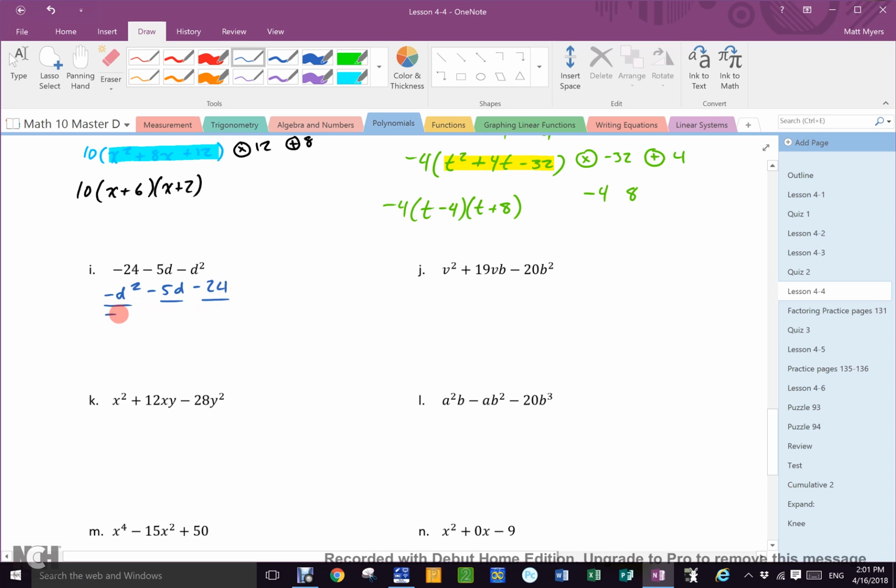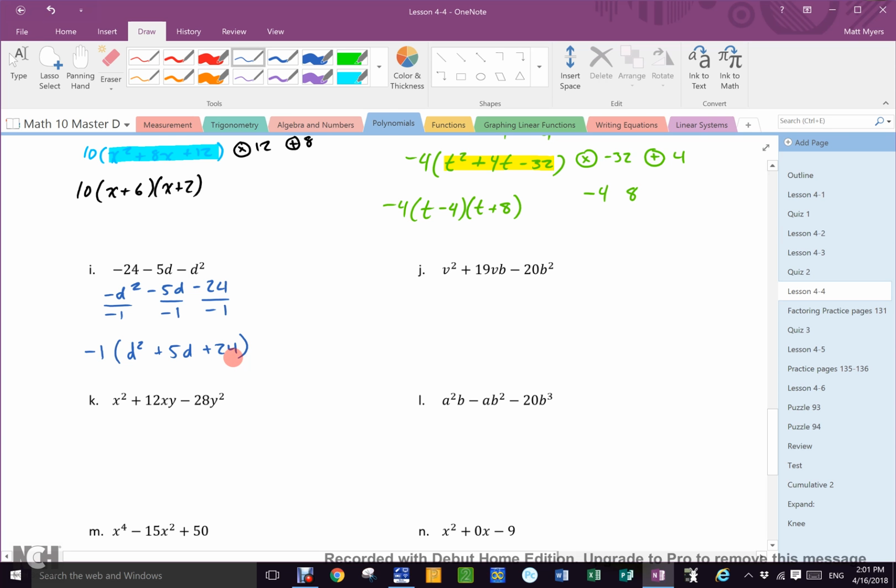I divide everything by negative 1. Correct? So I got negative 1 out front, and then what's in the middle? D squared, because negative d divided by negative 1 is positive d squared. Then plus 5d, then plus 24.